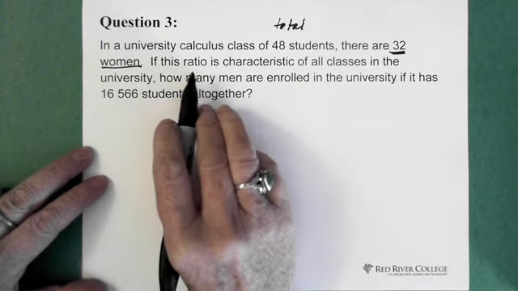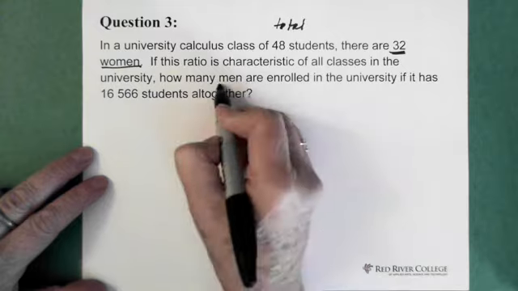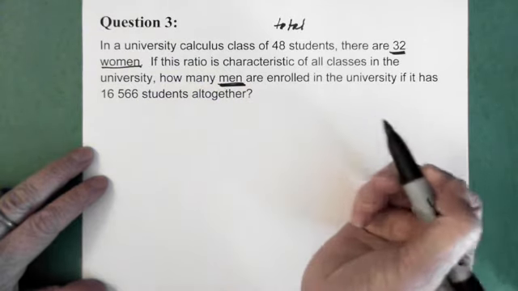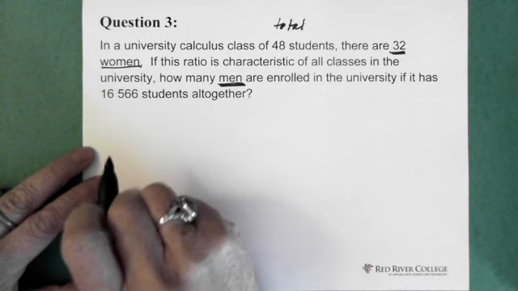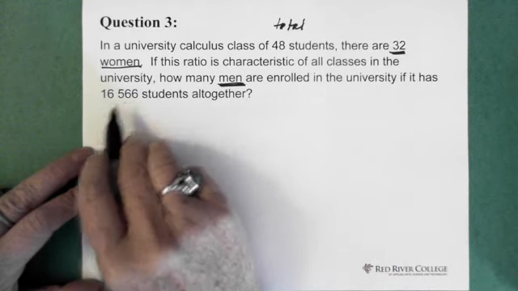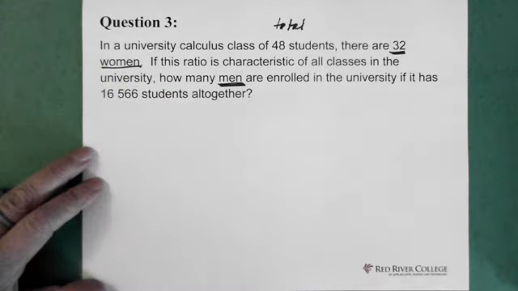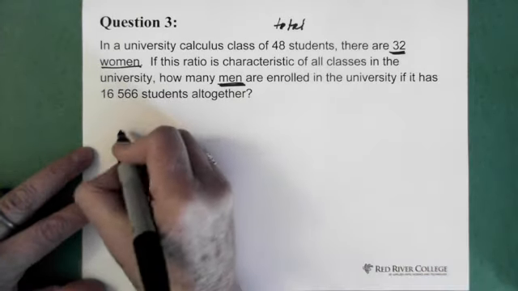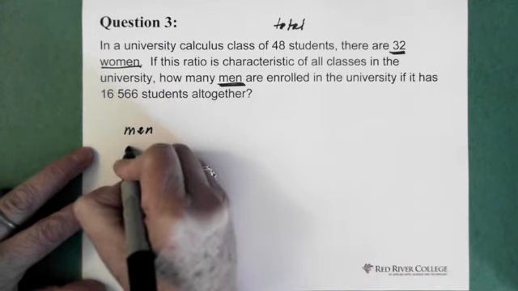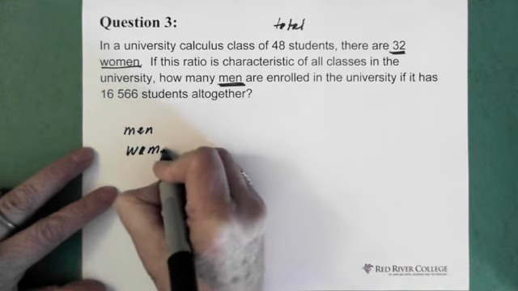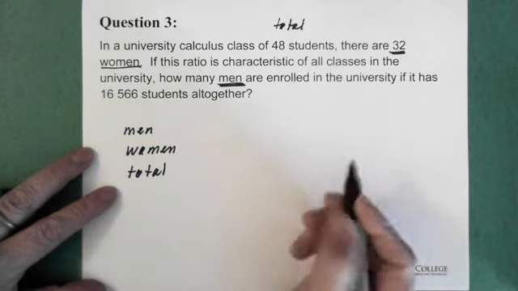If this ratio is characteristic of all the classes in the university, how many men are enrolled in the university if it has 16,566 students in total? So let's set it up this way: men, women, total.